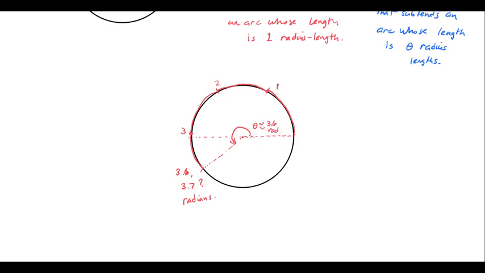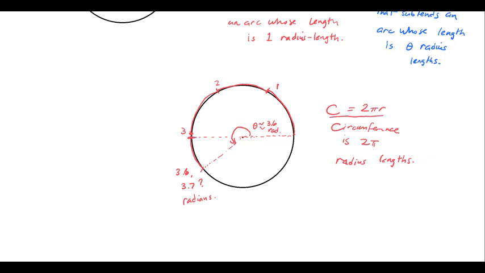By the way, why is it that 3 radians was just short of this point here? You remember that the circumference of a circle is 2 pi r. That is, the circumference is 2 pi radius lengths. That's literally what that formula means: the circumference is 2 pi radius lengths.